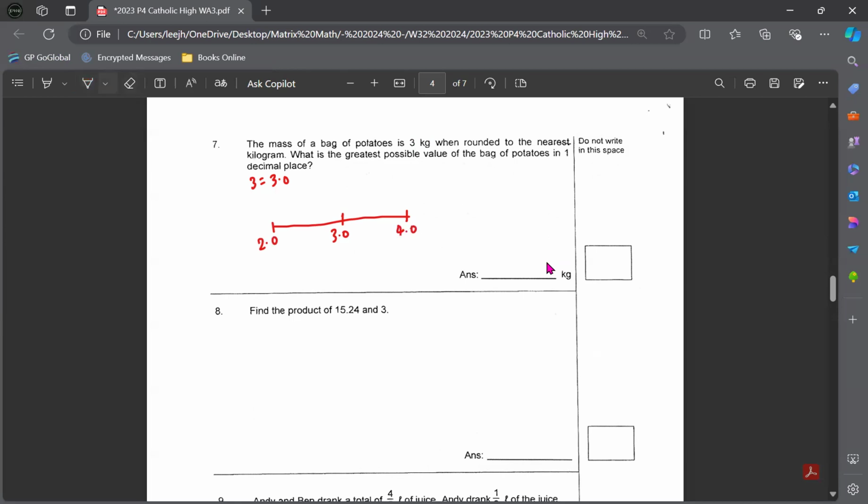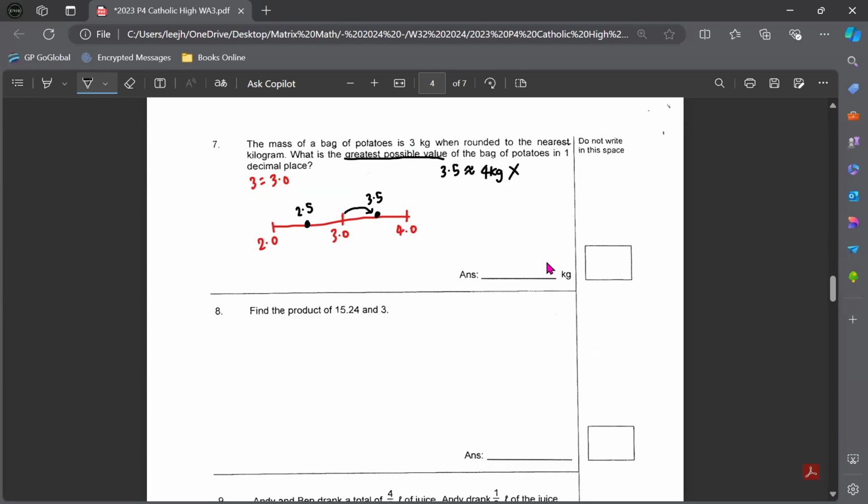So remember, we have to look at the midpoint. The midpoint of 2.0 and 3.0 is 2.5. Midpoint of 3.0 and 4.0 is 3.5. I want the greatest possible value, which means I move forward. But I cannot accept 3.5, because if you take 3.5 and round to the nearest kilogram, you will actually round to 4 kg.